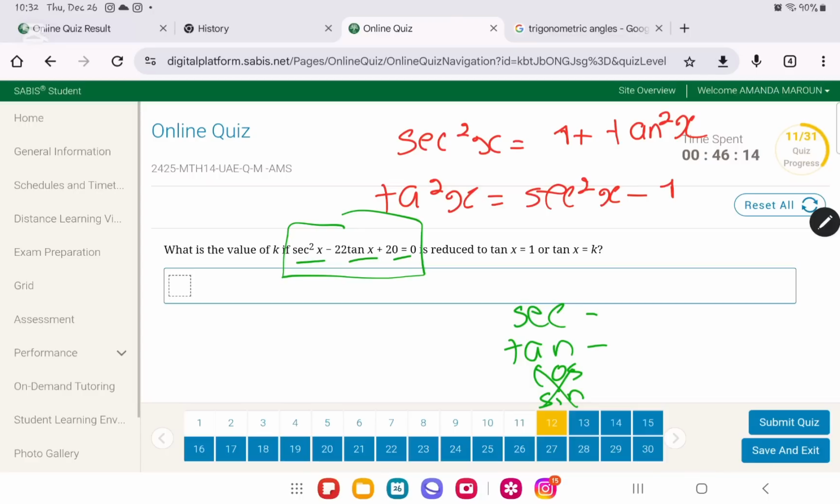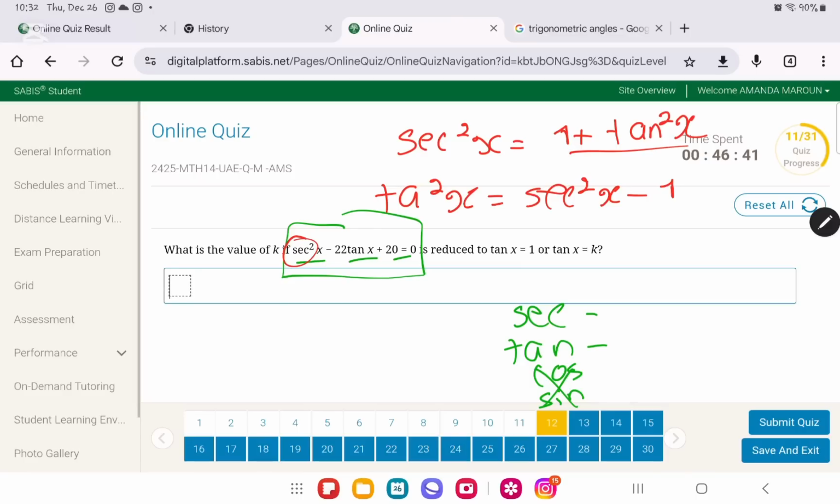To change one of them, we are going to observe, we are going to scan, and we are going to see which one is possible of changing. In this case, it is the secant squared, because you cannot change the tangent. Tangent will always stay tangent. But the secant squared, you can change it into 1 plus tangent squared x.